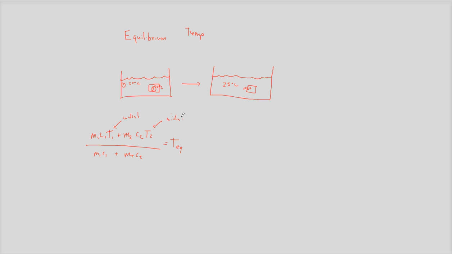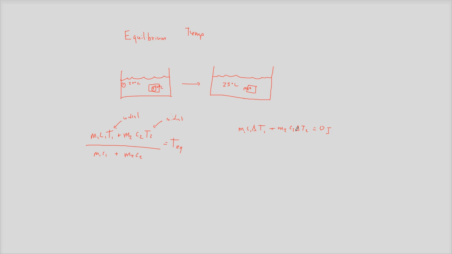The way that we get that equation is just from noting that MC delta T, remember, is Q. If I have the Q of object 1, M1C1 delta T1, plus the Q of the second object, M2C2 delta T2, that has to equal 0 joules.